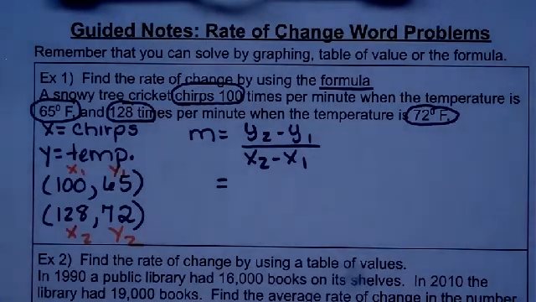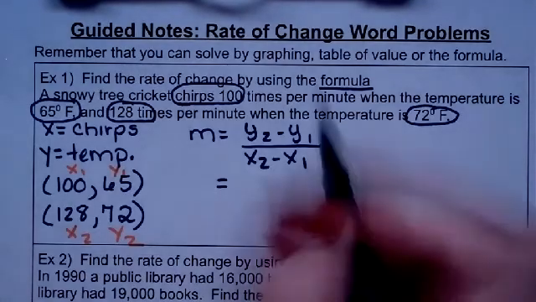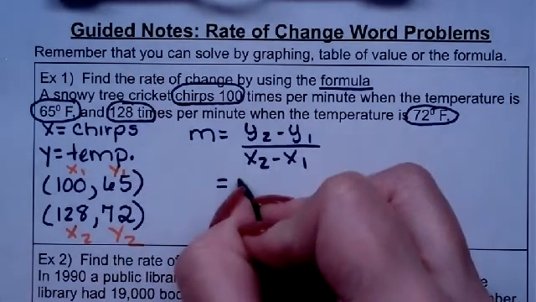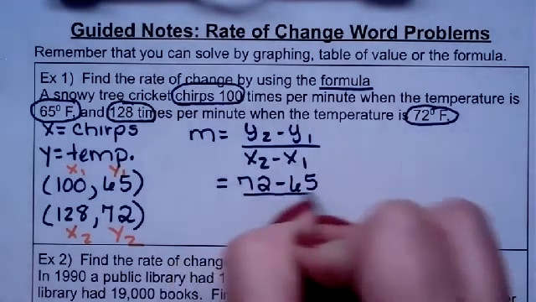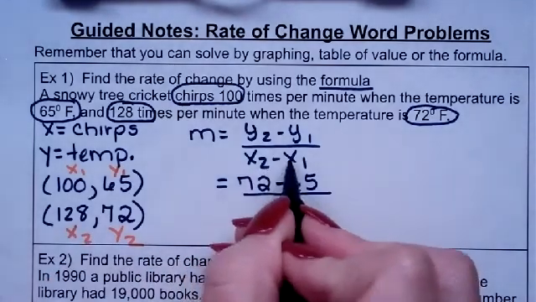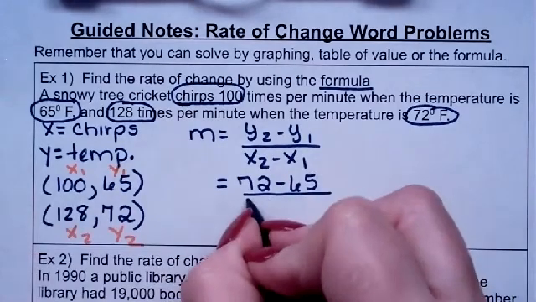Now, let's put them in their spot. Y sub 2 minus y sub 1, that's 72 minus 65, over x sub 2 minus x sub 1, that's 128 minus 100.